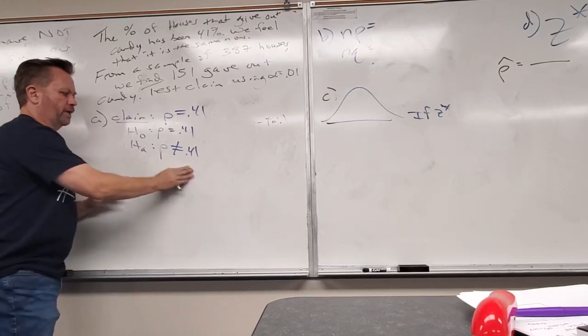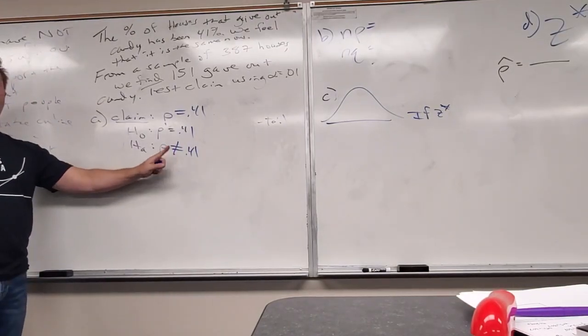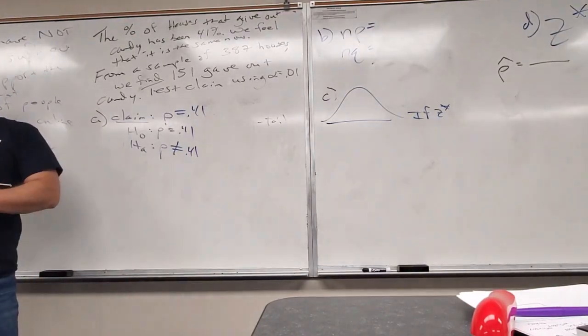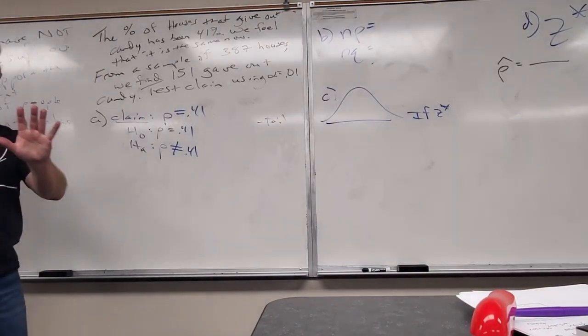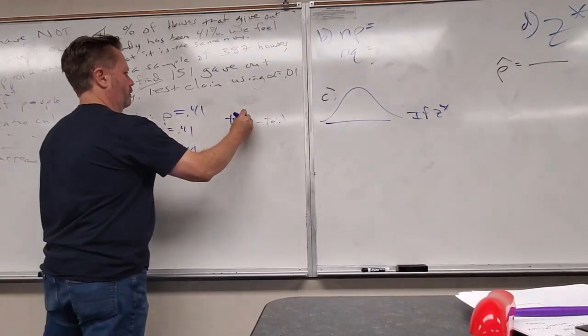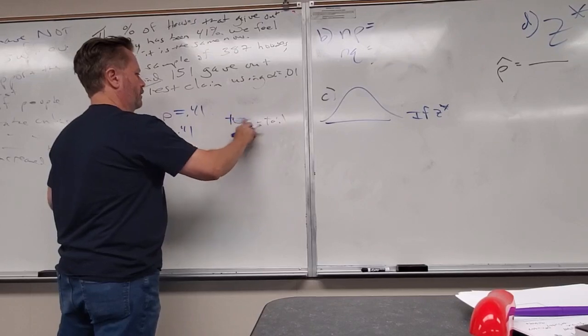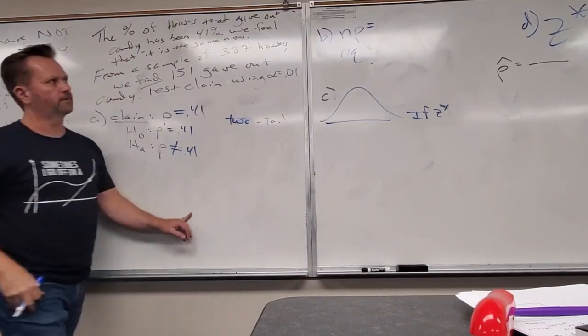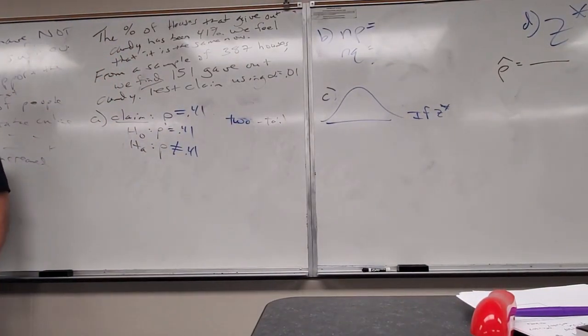But math people don't like multiple symbols in a row when we don't need them, so we just changed it to this. So it's totally a two-tailed test. Good? Sorry.